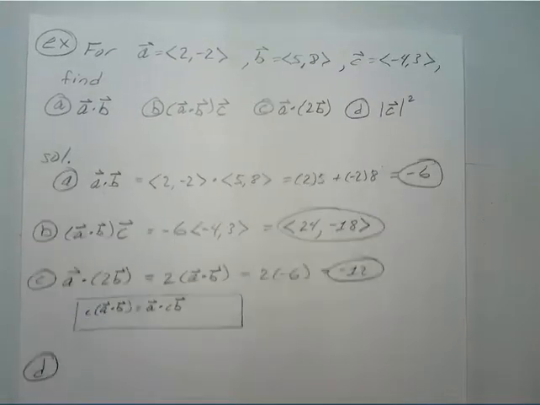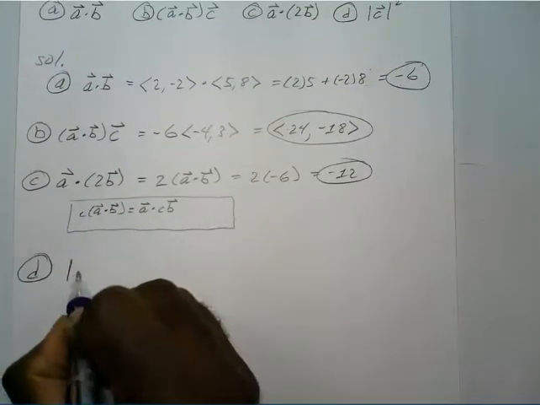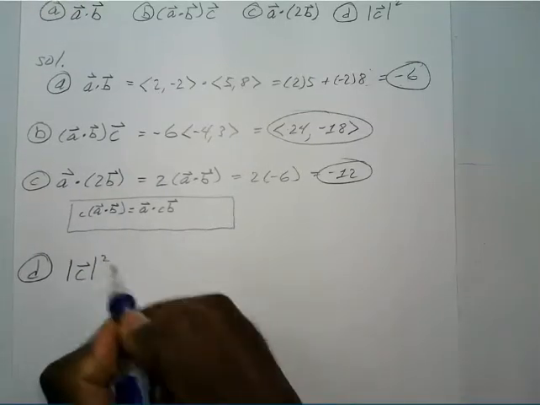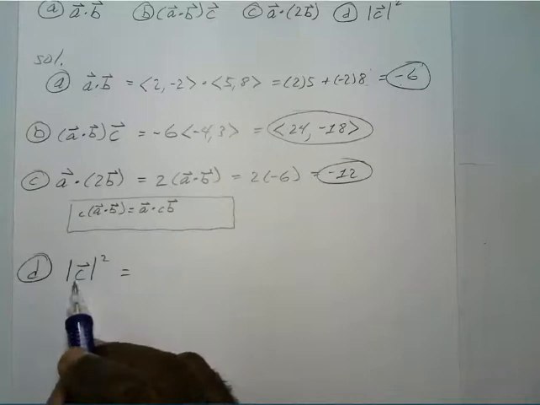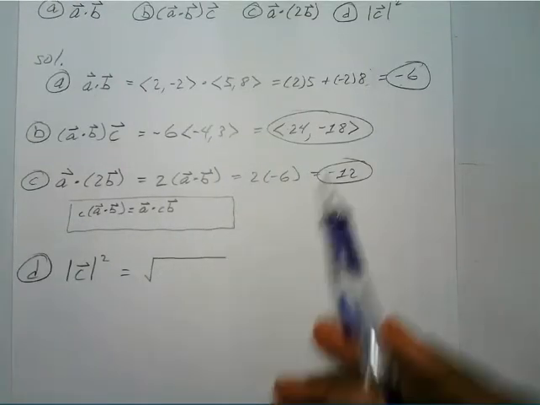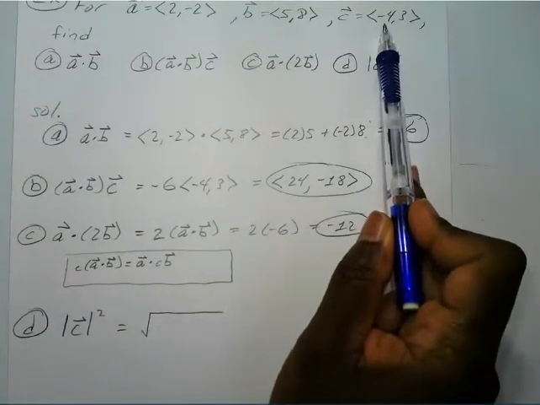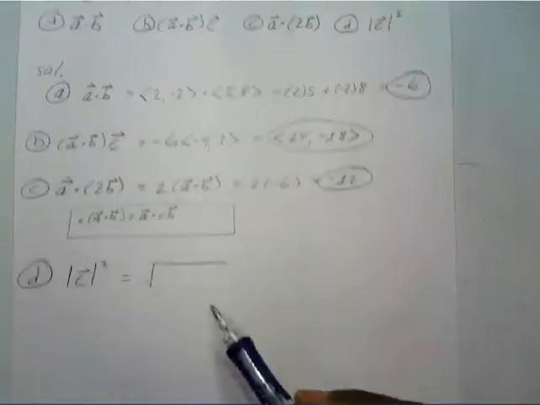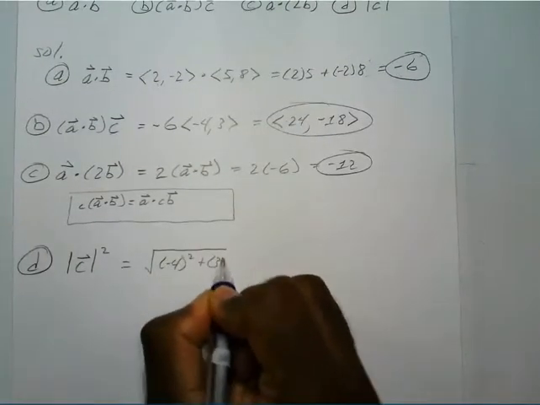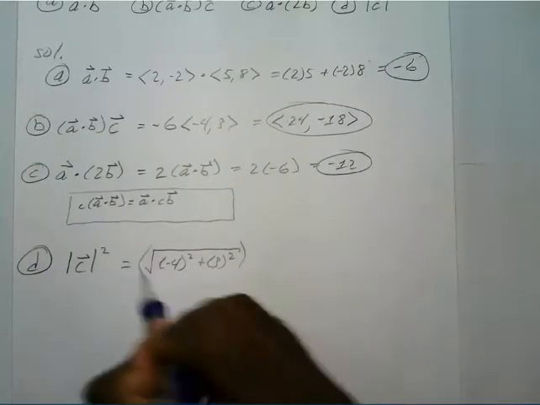And problem D, the magnitude of the C vector squared. Okay, so we know that the magnitude of the C vector is just the square root of each of the components squared, so that's the square root of -4 squared plus 3 squared, and that whole thing is squared.